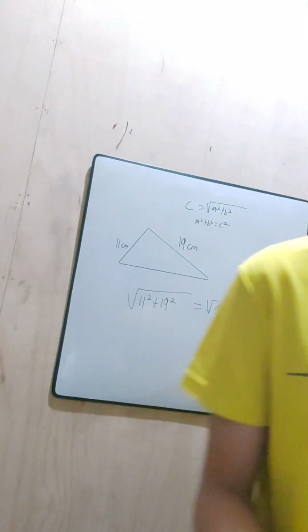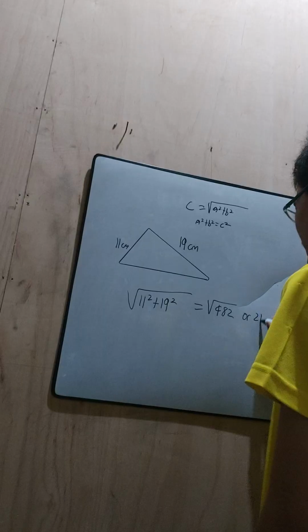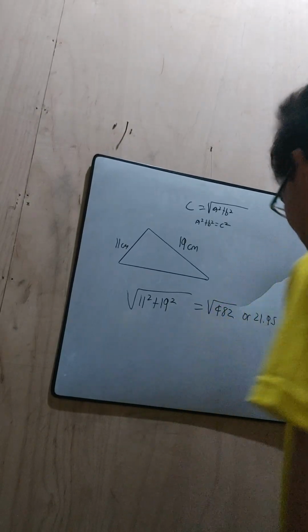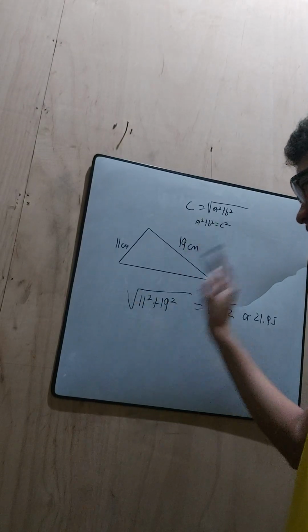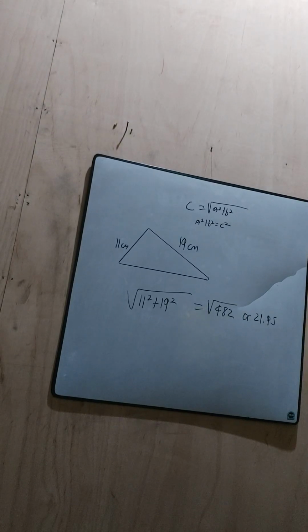Now I have here a scientific calculator. We can approximate that, which is 21.95. Okay. So 11 squared plus 19 squared, take the square root of that sum. We get the square root of 482.